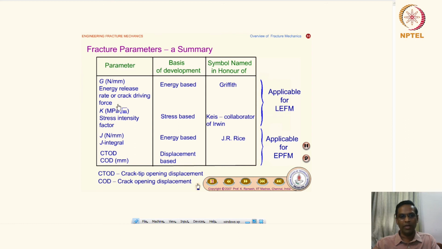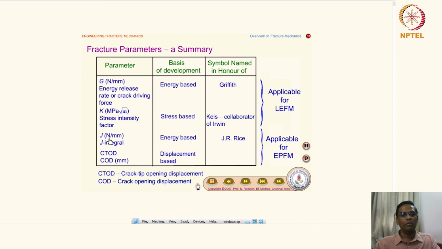We will spend some time on this unit, how to understand this later. It is stress based, and is proposed by Keyes, a collaborator of Irwin. So it is known that the K is after the name Keyes, a collaborator of Irwin, just to honor him.